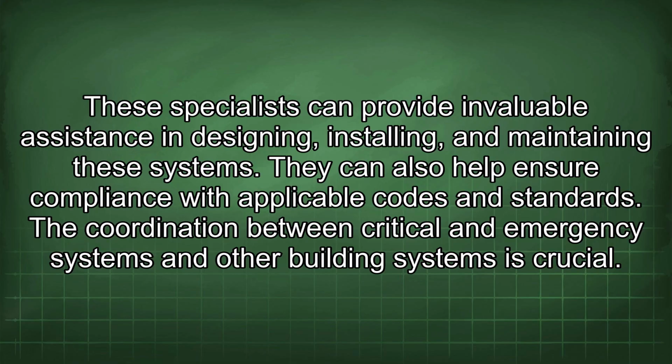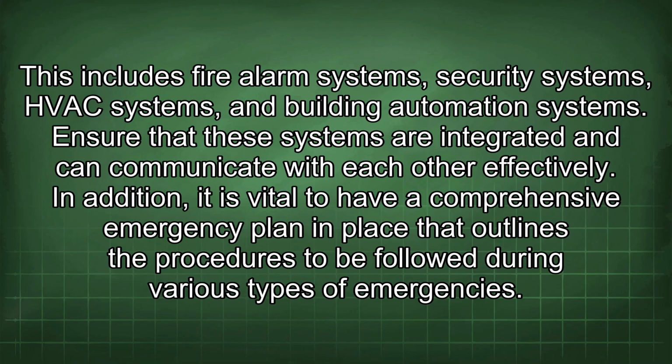The coordination between critical and emergency systems and other building systems is crucial. This includes fire alarm systems, security systems, HVAC systems, and building automation systems. Ensure that these systems are integrated and can communicate with each other effectively.